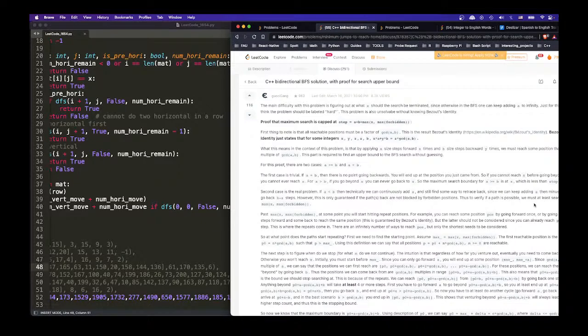All positions P0 plus M are reachable. That is true, because you're beyond forbidden. If you're beyond forbidden, all of them are reachable.